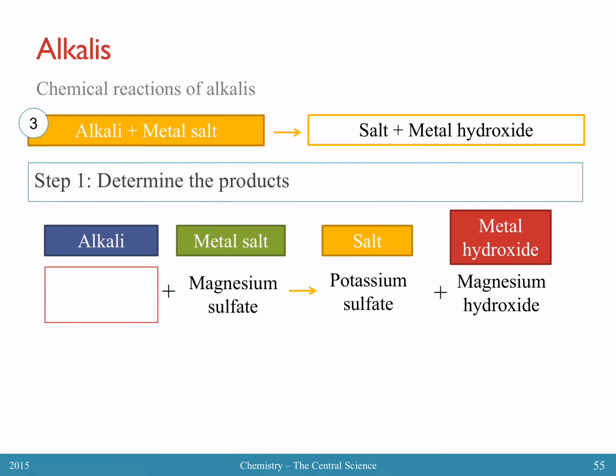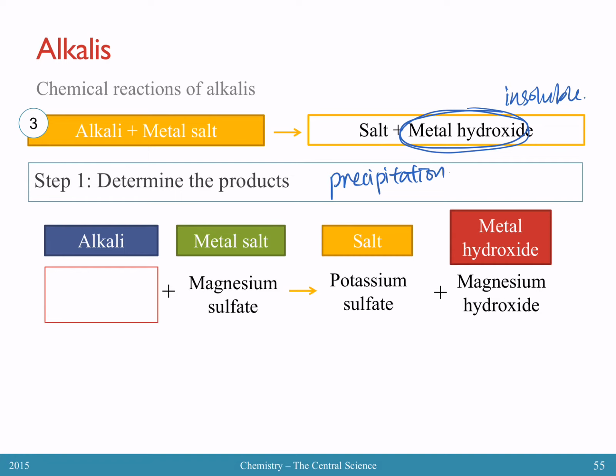Let's go on. The third reaction is the alkali plus metal salt reaction. This is also called a precipitation reaction. This is because, if you recall, most metal hydroxides are insoluble.